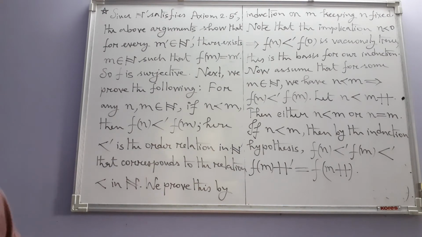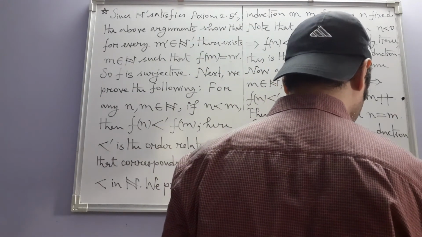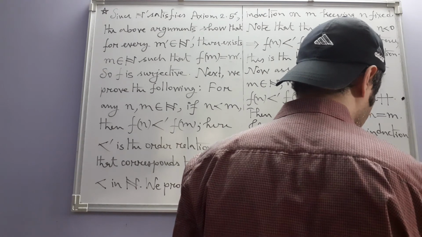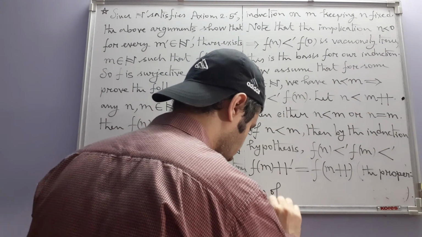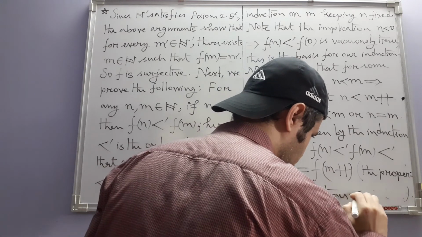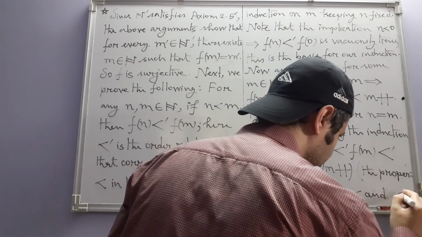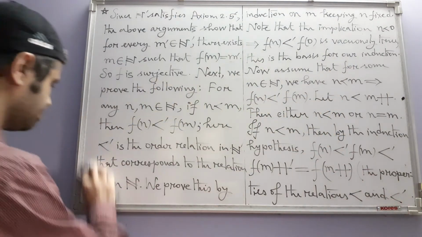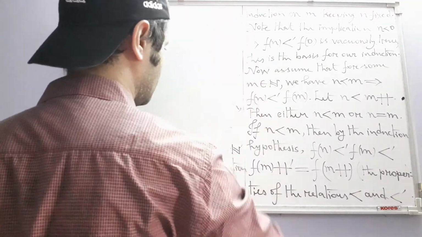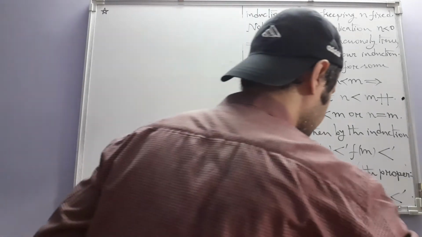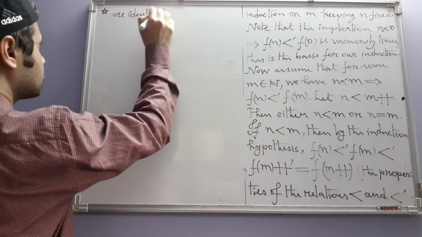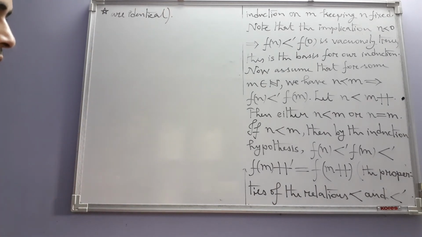And in support of this, we can write the properties of the relations, this and the alternative one, are identical.